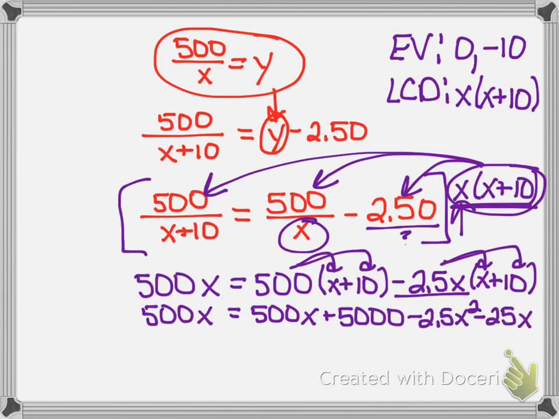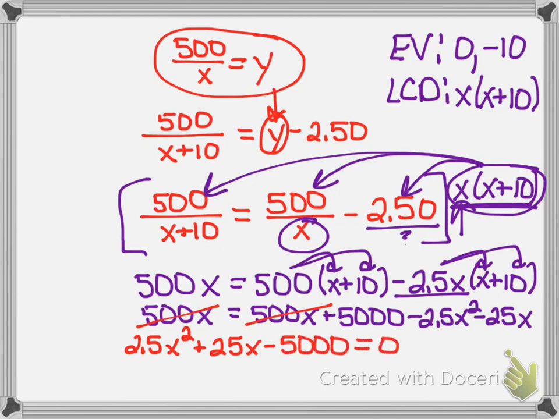And so once again, I'm going to move everything to the other side of the equation, because what that will succeed in doing is it will cancel the 500x's out, and it will make my quadratic positive. So if I move everything to the other side, I would have 2.5x squared, it's now positive, plus 25x minus 5,000. And it's all on one side, so it's set equal to 0 now.